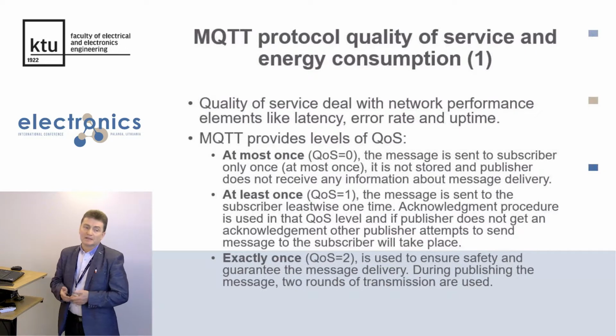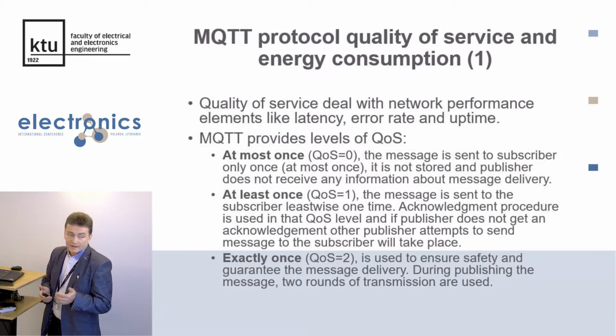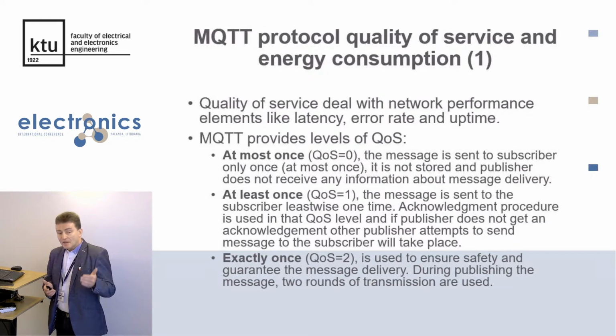The second one, at least once: the message is sent to the subscriber at least one time, and an acknowledgement procedure is used at that level. If the publisher does not get an acknowledgement, other attempts to send the message to the subscriber will take place.